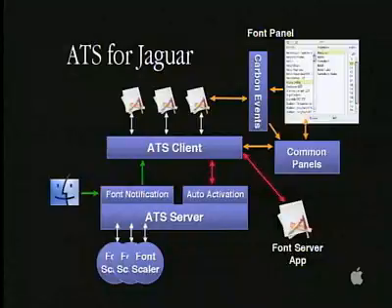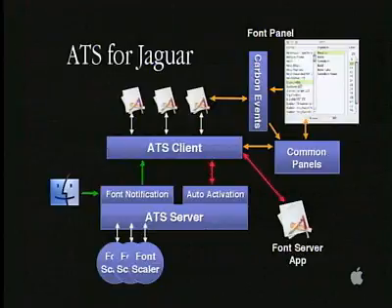So this diagram here is a schematic of the interaction between the various components that I've talked about with the ATS software. Finder will notify ATS Server when changes are made to the standard font domains, and ATS Server can then tell registered clients that fonts have been activated or deactivated.